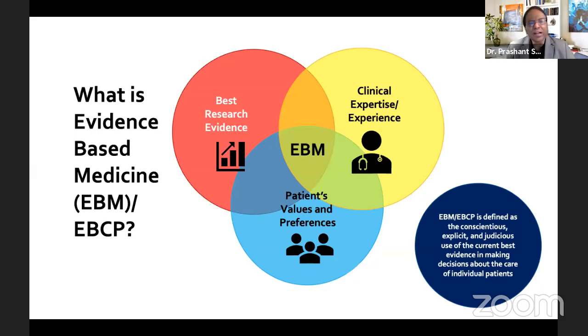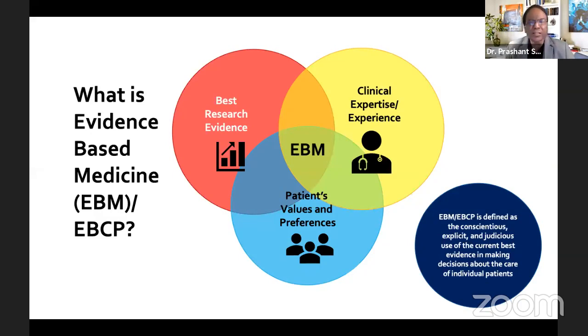We need to understand as healthcare professionals that not all research is equal, because research is a byproduct of different studies that are conducted. And the studies themselves are different. Some are observational, some are experimental.